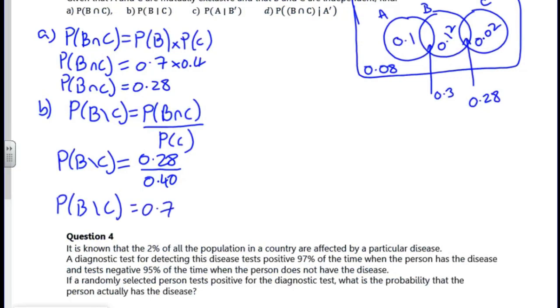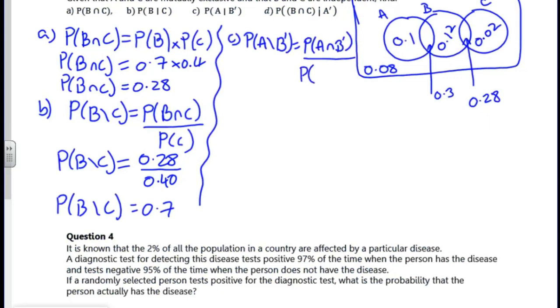Let's have a look at C. So A given that not B, so that's going to be A and not B. So A and not B is the 0.1 there.